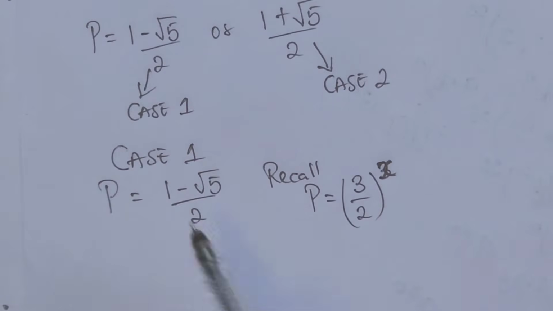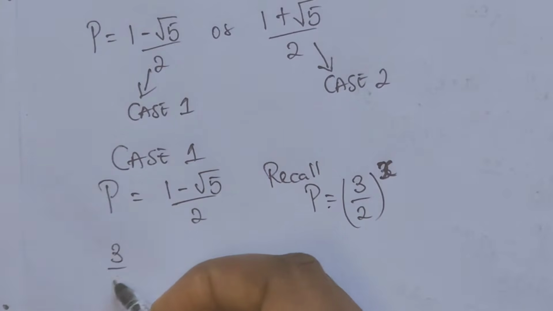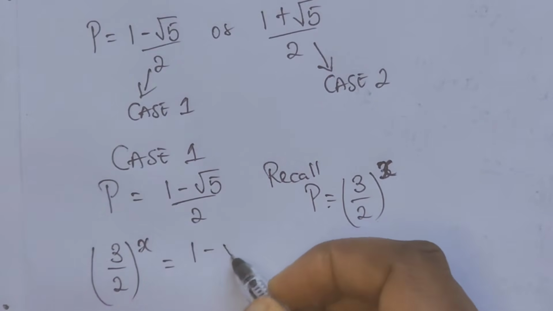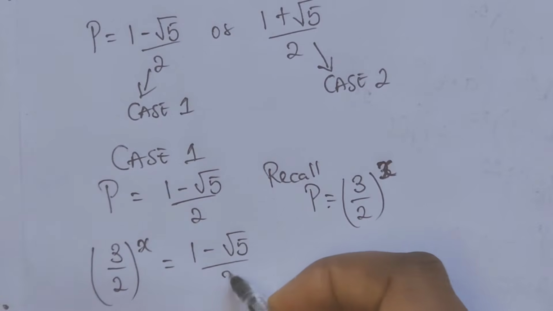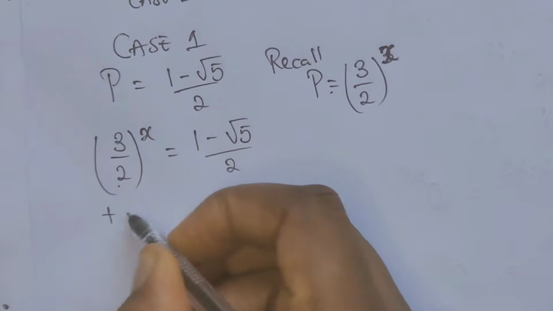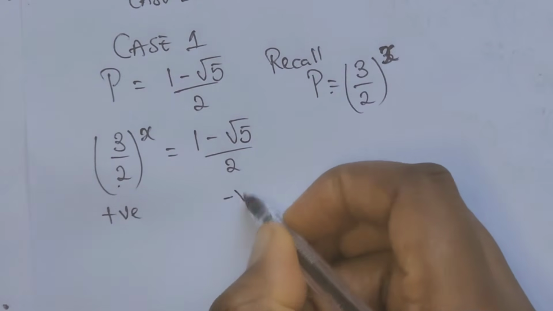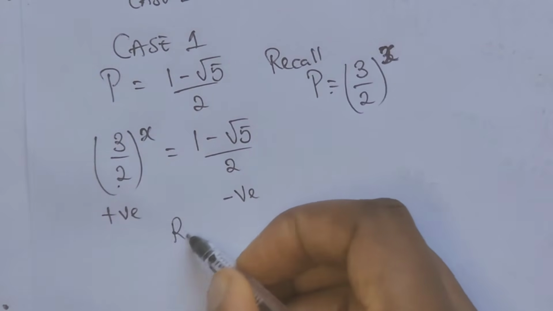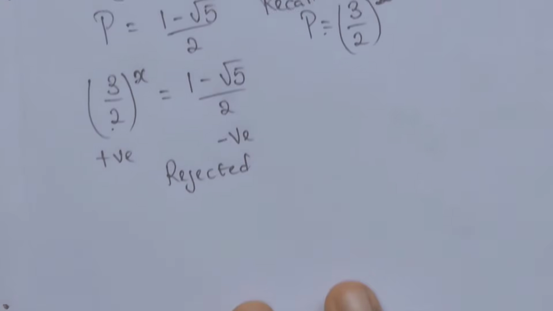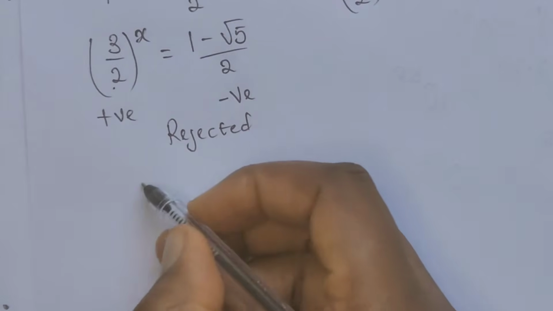So imputing the value of p here, we have (3 over 2) all to the power of x is equal to (1 minus root 5) over 2. Looking at this, we have a positive value here and we have a negative value here. So case 1 is rejected. So we'll move to case 2.